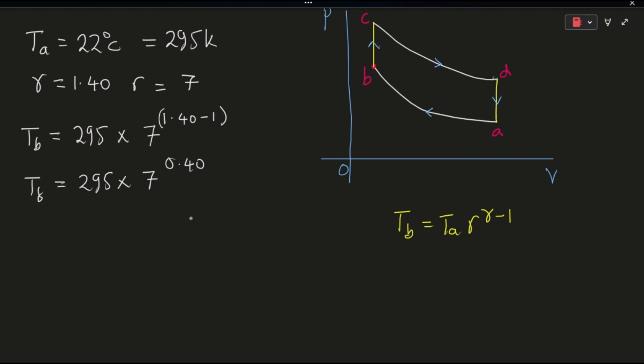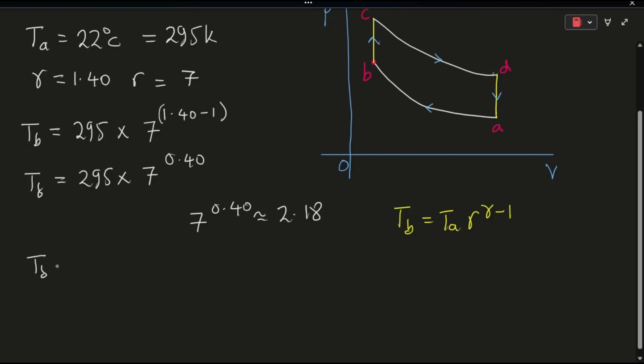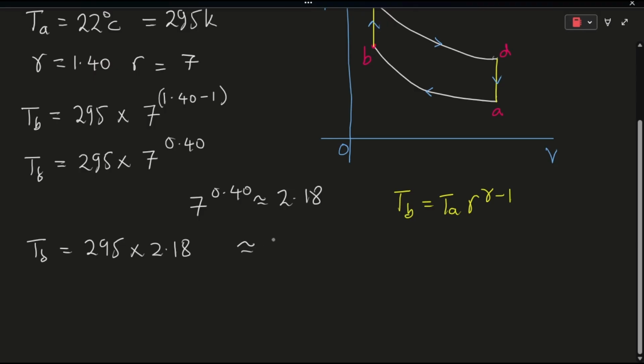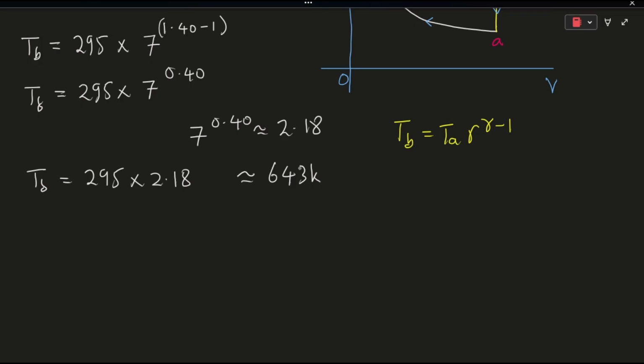And when we compute, it's approximately 2.18. So we're going to have approximately 643 Kelvin. So we convert this to Celsius to have our temperature at the point B, that is approximately 370 degrees Celsius. So that is our answer.